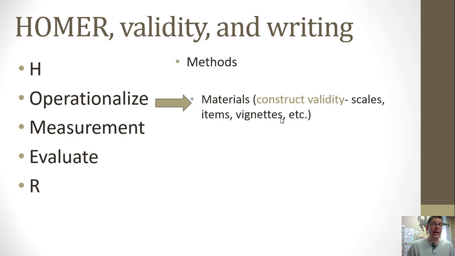That's how we relate things to construct validity. If you're using existing materials, vignettes, scales, you probably are going to have okay construct validity. If you've created something on your own and you've never tested it before, you might have lower construct validity. We don't know if your manipulation or your items are tapping the construct you intend to measure.